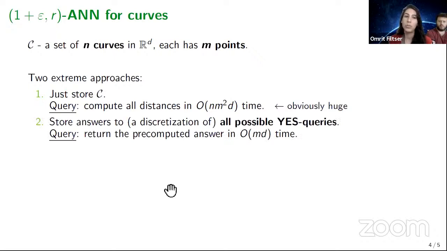The other extreme approach is to store the answers to a discretization of all possible queries, and the query algorithm will just return the pre-computed answer in linear time. But then we get a huge space bound.